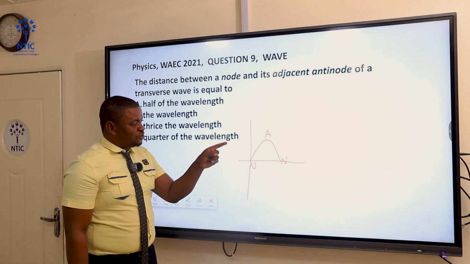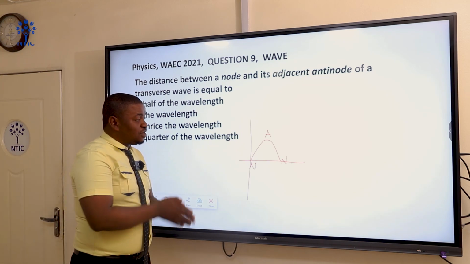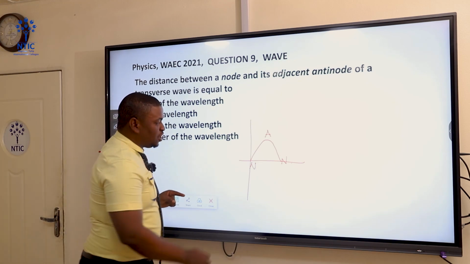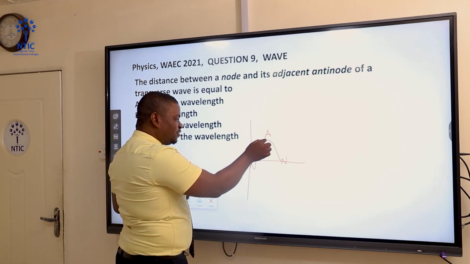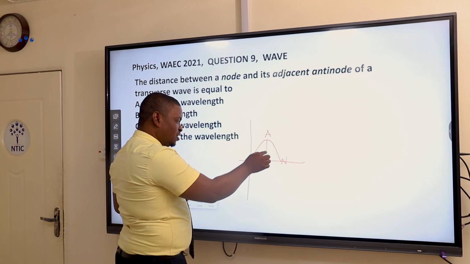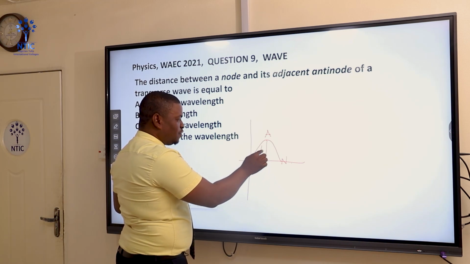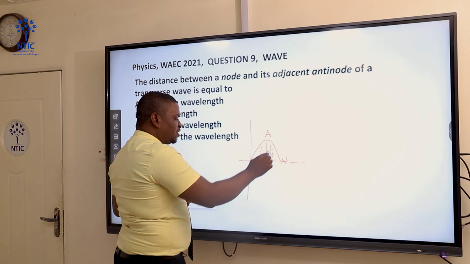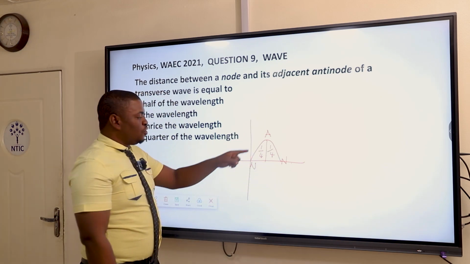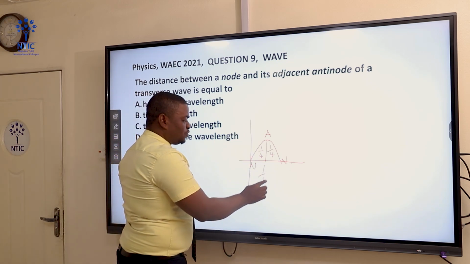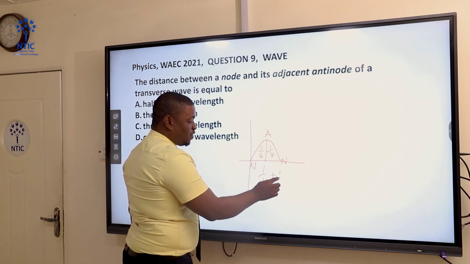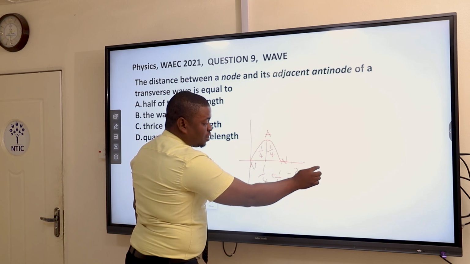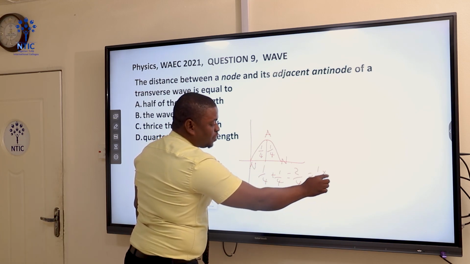Now, while an antinode is a point in a stationary wave where the molecules exhibit what we call the maximum vibration. Now, the distance between a node and antinode is 1/4 of the wavelength, while the distance between a node and a node is 1/2, which we have by adding 1/4 plus 1/4, that will give me 2/4, that will give me 1/2 of the wavelength.